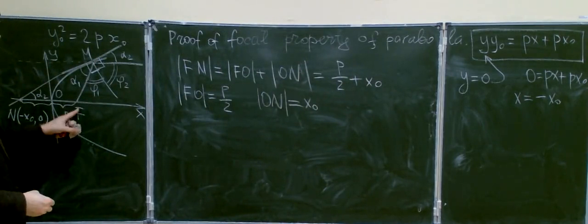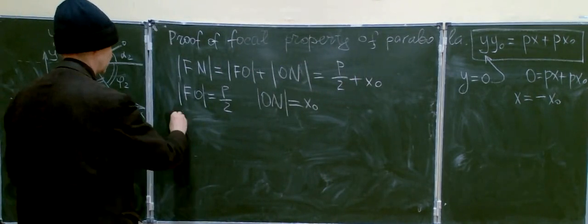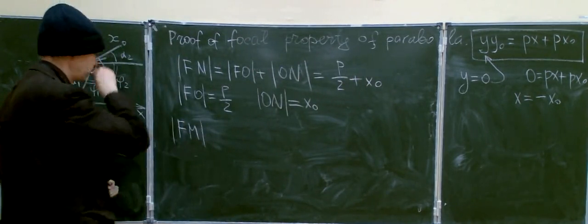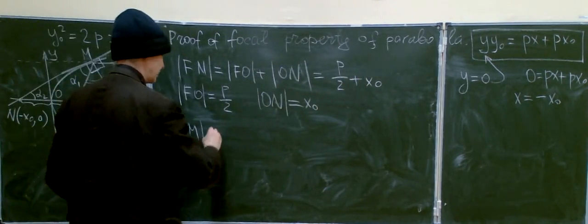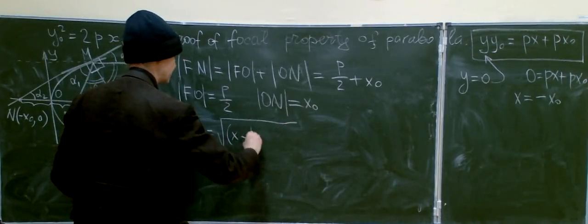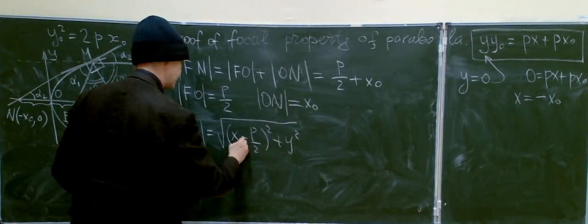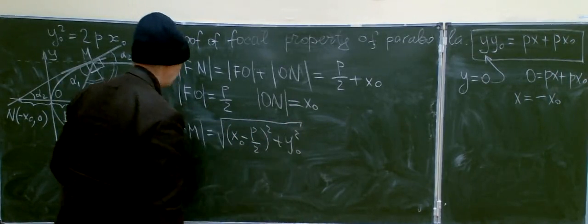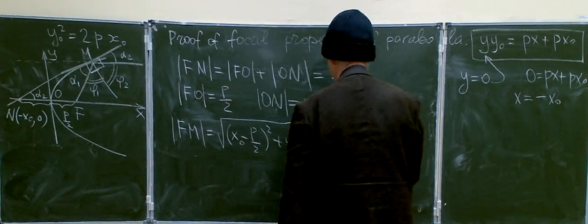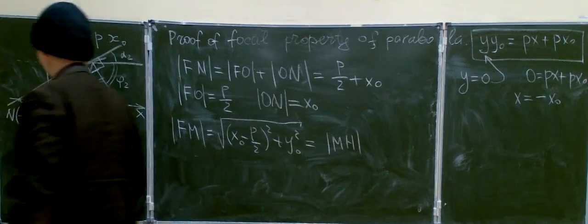Now let's proceed to the distance FM. Initially, for this distance, we have the formula with the square root: x minus p over 2 squared plus y squared, where here x sub 0 and y sub 0. However, we know that FM is equal to MH. What is MH?